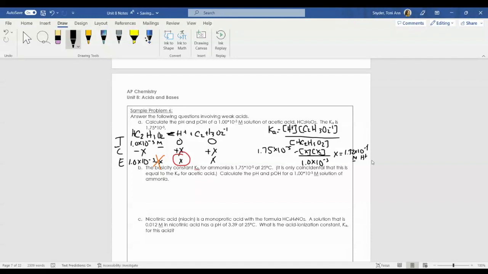Now that I know that this is my concentration of hydrogen ions, I'm going to take the negative log of that value, because that should give me the pH. And pH is equal to 3.88. I'm missing a sig fig there, and I don't feel like taking out my calculator, so 3.88 is fine. pOH would be 14 minus that. So 14 minus 3.88 is going to give me 10.12.